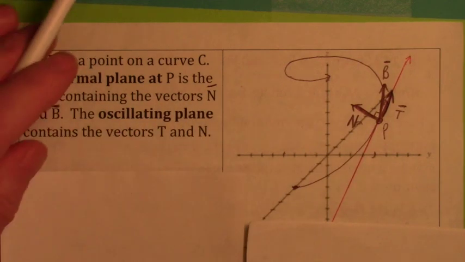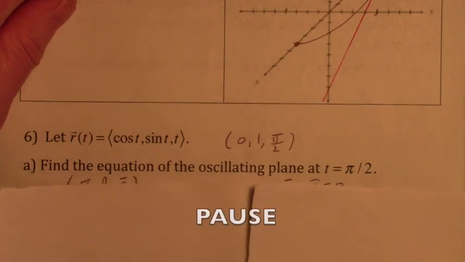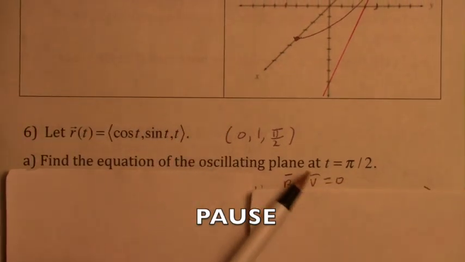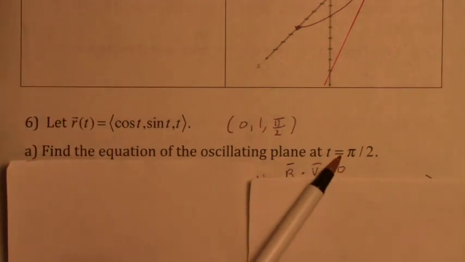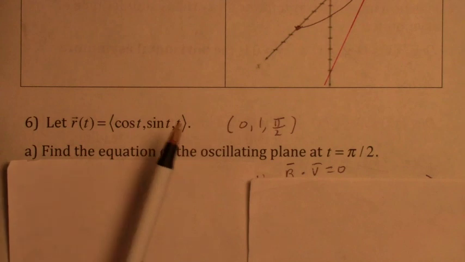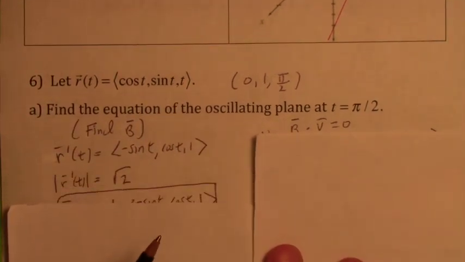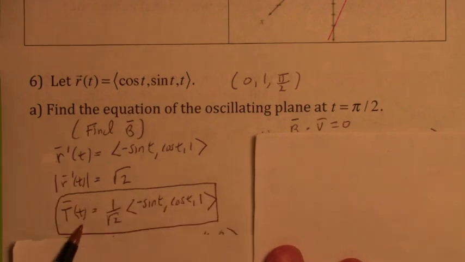If you wanted to find the equation of the osculating plane, like I'm going to ask you to do now, all you really need to do is find that vector b, right? I want you, at t equals pi over 2, to find the equation of the osculating plane. You have your point, and you define the vector b. How do you find b? You find r prime, you find the magnitude of r prime, so this is your vector t.